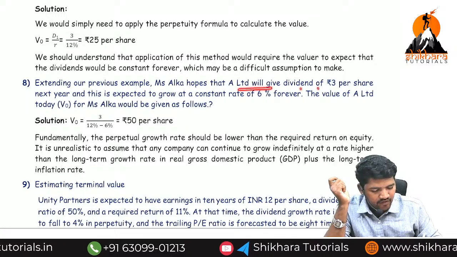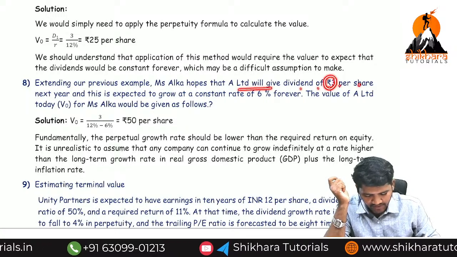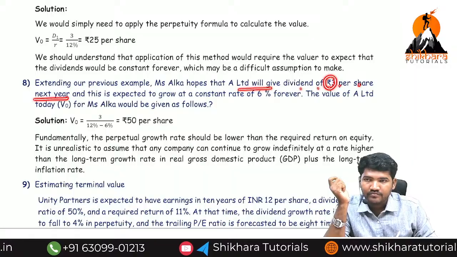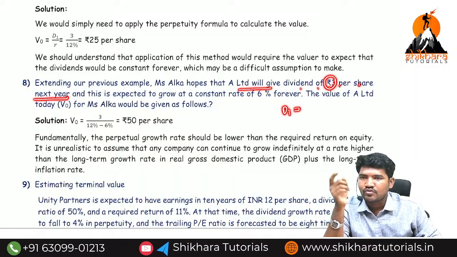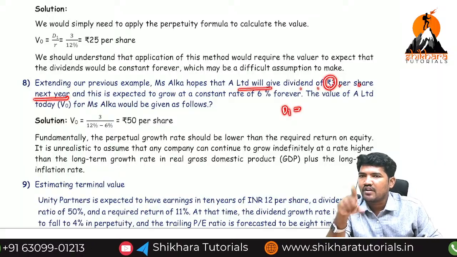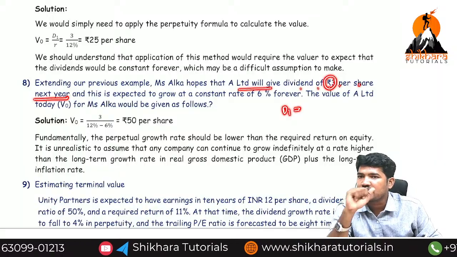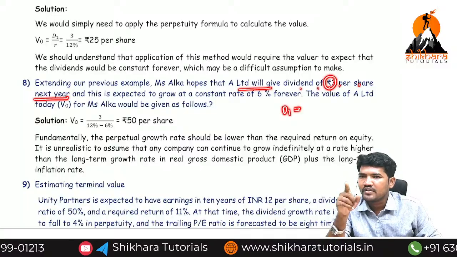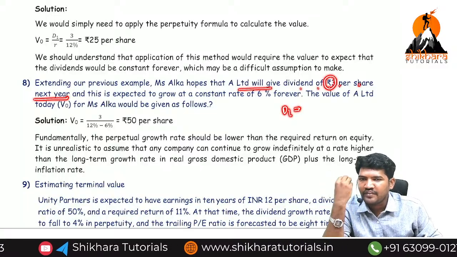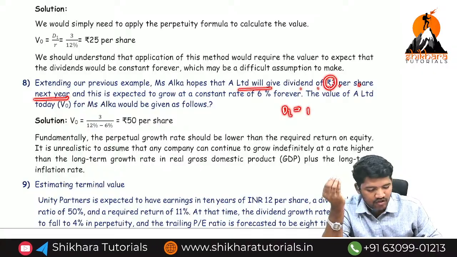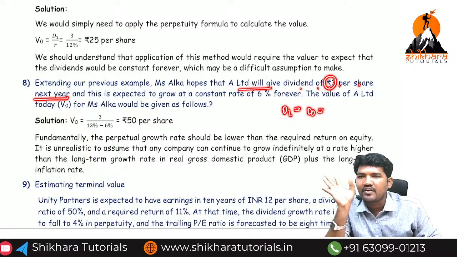When it comes to some more extent, for the same example, Miss Alka hopes that A Limited will give a dividend of rupees 3 per share. What year? Can I use it directly as D1? So there are clue words: next year, expected, estimated, pace. If they give those words, it is directly D1. If they do not give those words, or if they give a current word, it is called D0. We are not using D0 for the calculation.